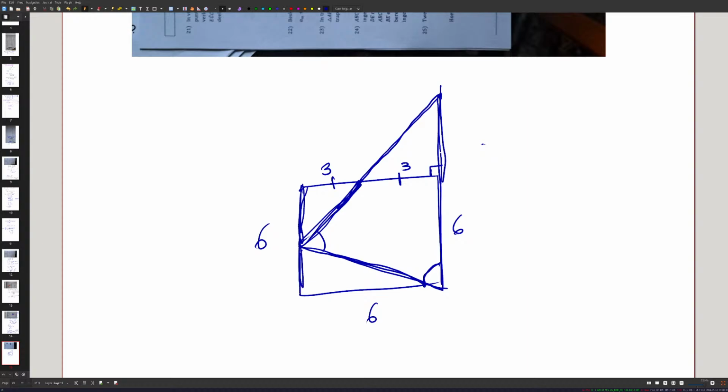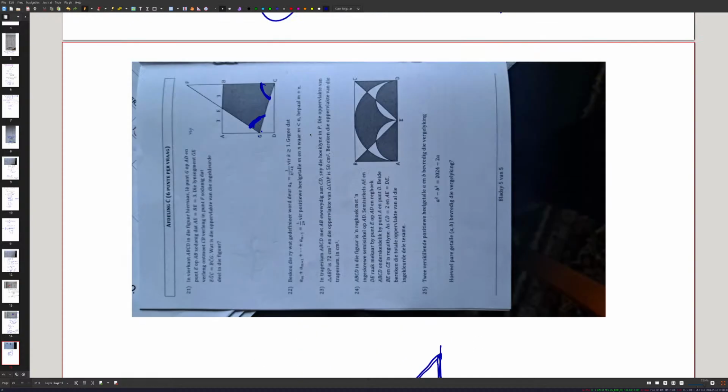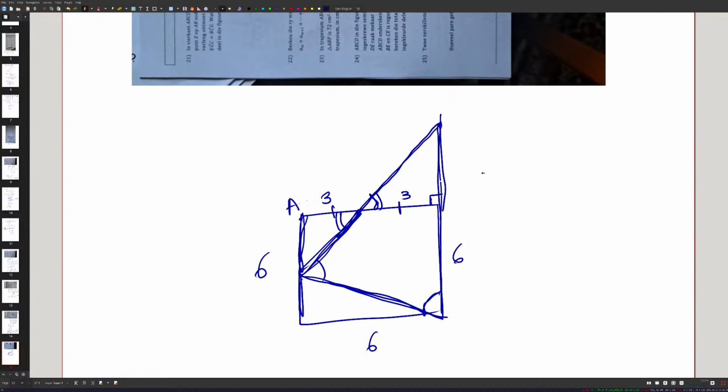Do we need two variables? Do we want similar triangles? I think, yeah, similar triangles will work. This angle equals this angle. So, okay, I've got A, B, C, D, E, and F. If we call this x, then this is the square root of x squared plus 9 by Pythagoras.